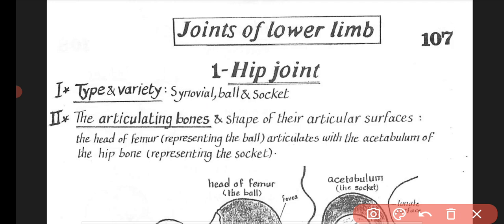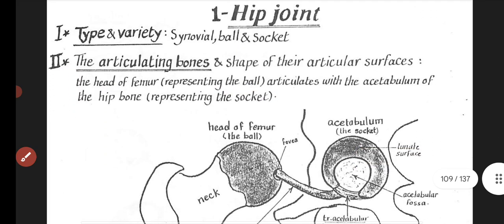Next, the articulating bone: the head of the femur, which represents the ball, articulates with the acetabulum of the hip bone, which represents the socket. Here we'll see.